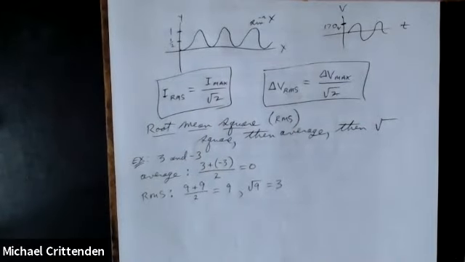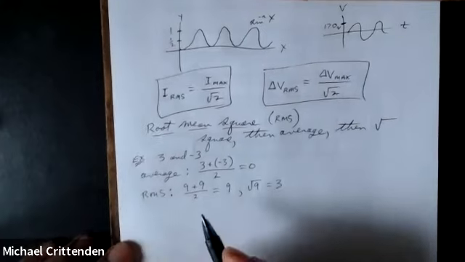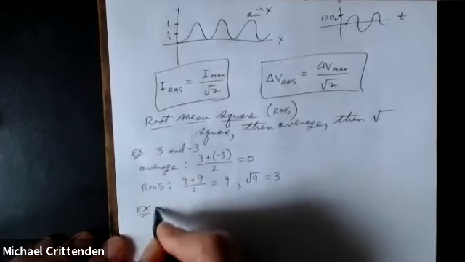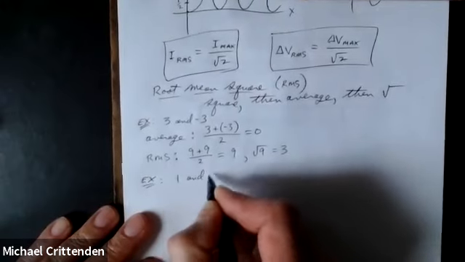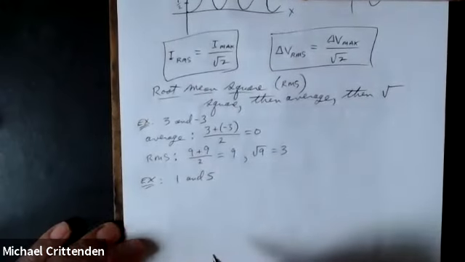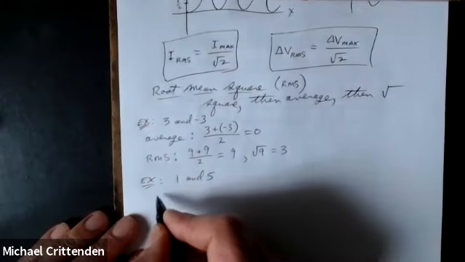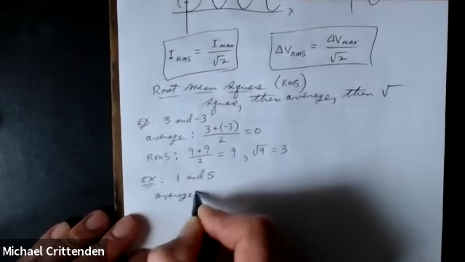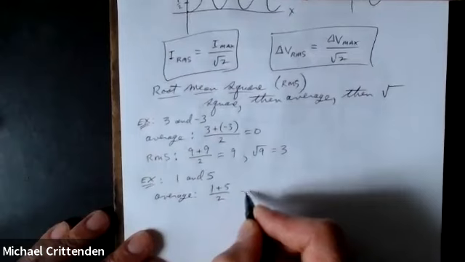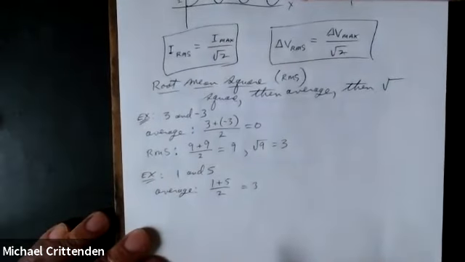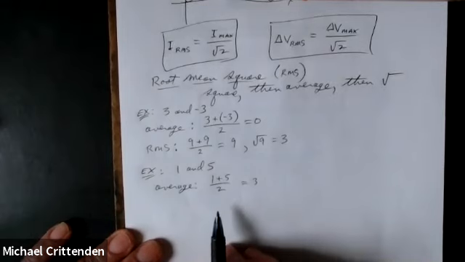But before everybody gets the idea that an RMS just means average the absolute values, no, actually, let's run through another example. What if the numbers are 1 and 5? So, same as before, to average them, 1 plus 5 over 2, the average is 3, just like it was with the other example. Okay, add the numbers, divide by how many numbers?